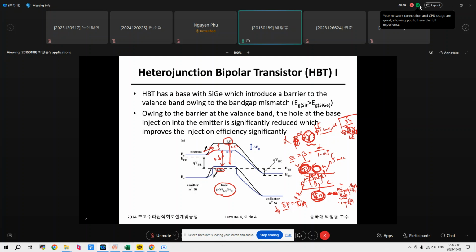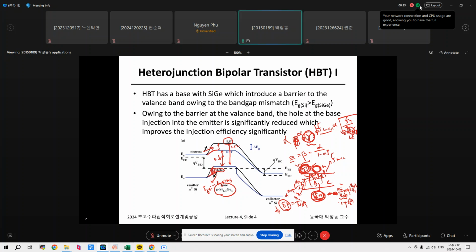Also, when it comes to the hole line, for the HBT there exists a large barrier. This extra barrier is caused by the energy band gap difference, which means delta P is reduced by this barrier amount, proportional to the exponential of the barrier. So the hole density is reduced quite a lot, while the electron density is increased quite a lot.